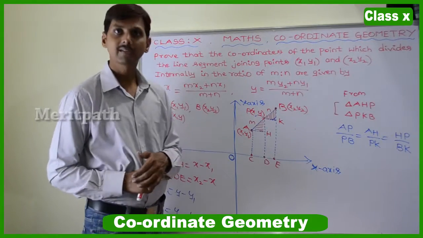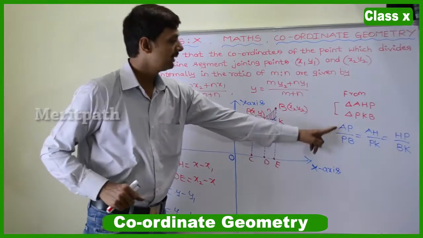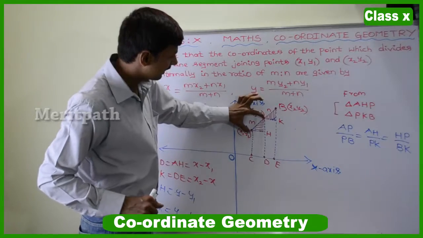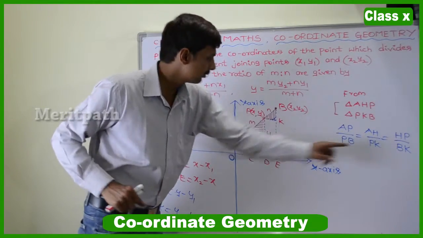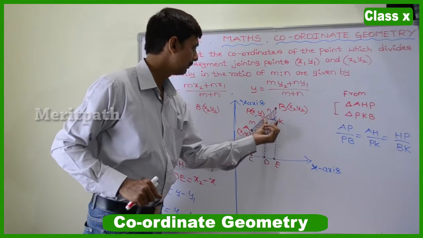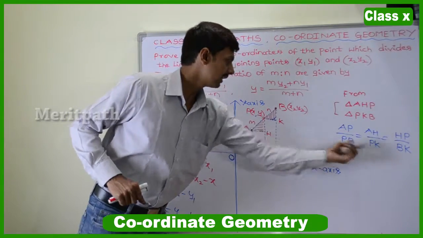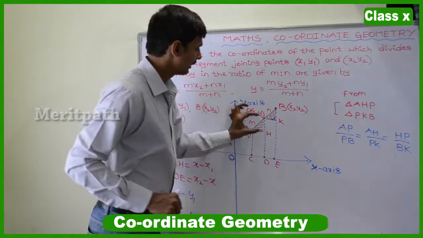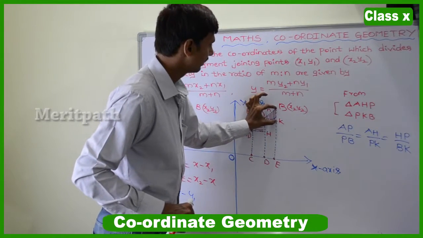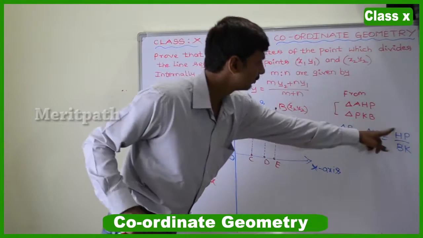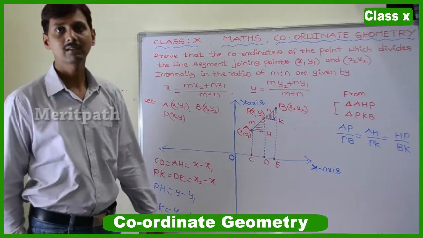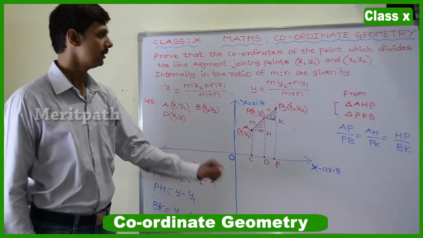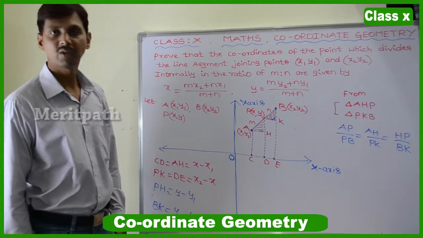So AP divided by PB is equal to AH divided by PK, and HP divided by BK. So here we have taken the corresponding sides in the same proportion. Let us see what the corresponding sides are here.